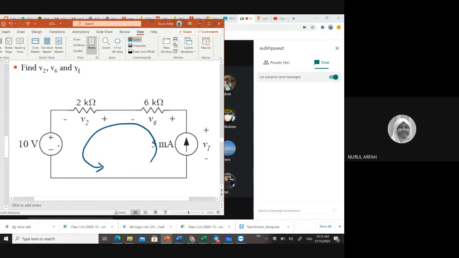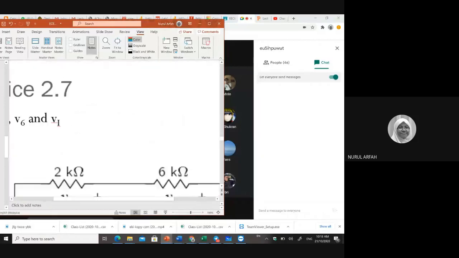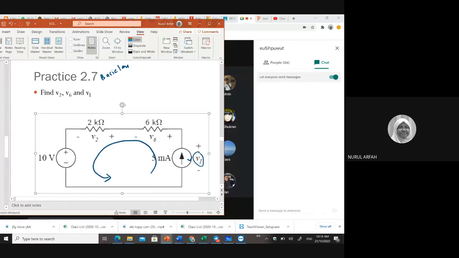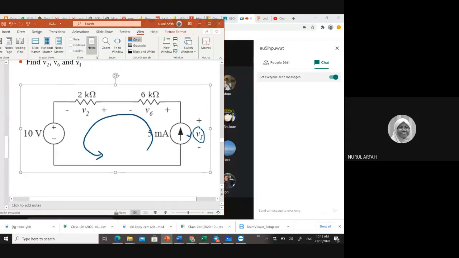Okay. Now, if we follow this and start from V1, can you apply basic law? Use basic law to solve this. What basic law are you going to apply?